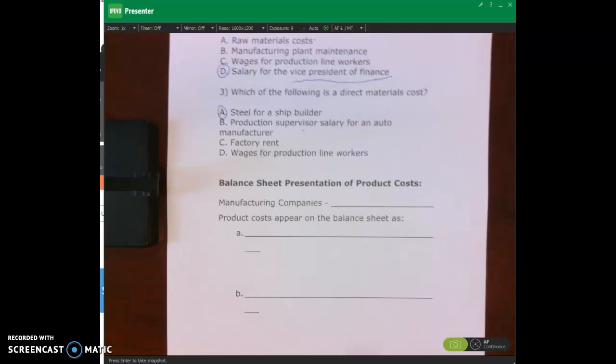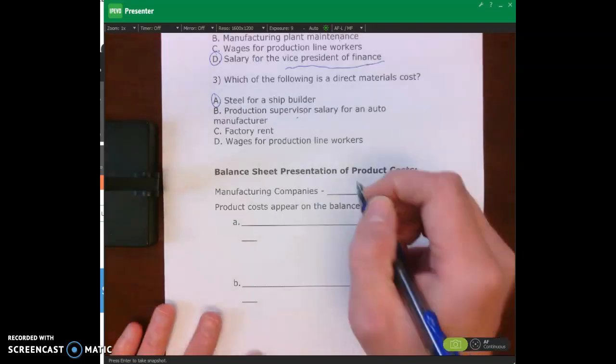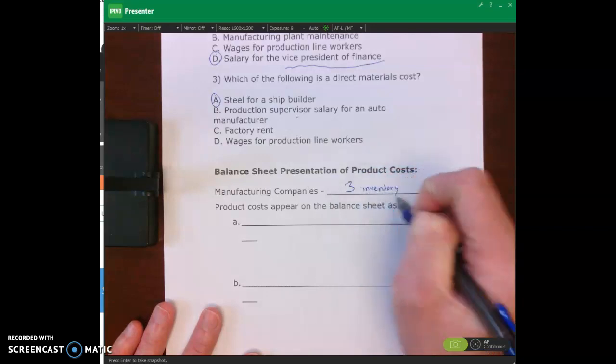Okay? So let's talk about the balance sheet presentation of our product costs. So manufacturing companies have 3 inventory accounts.